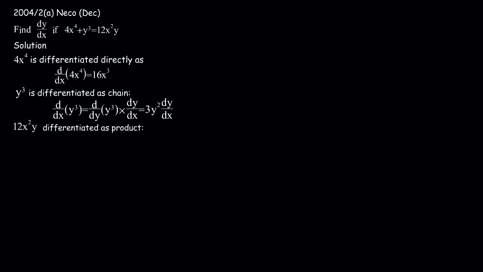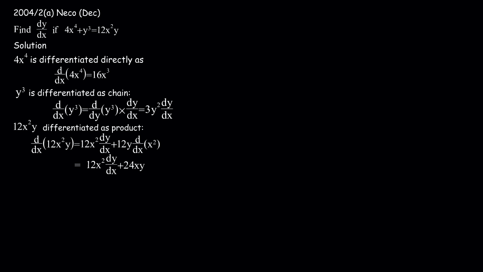Now the next constituent is 12s square y, and we'll be differentiating it as what? Product. So d over ds of 12s square y will be equal to 12s squared dy over ds plus 12y times d over ds of s square, which will now break down to 12s squared dy over ds plus 24sy.